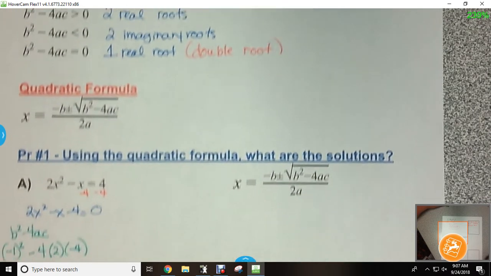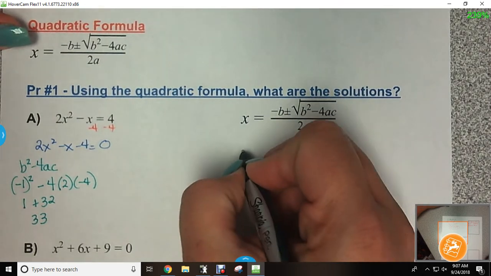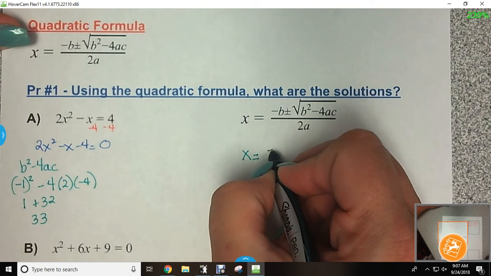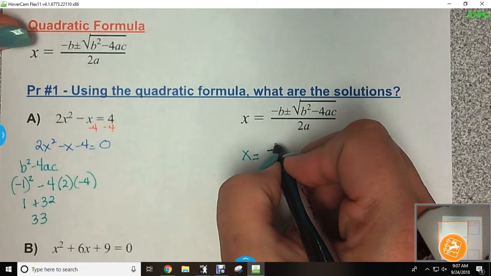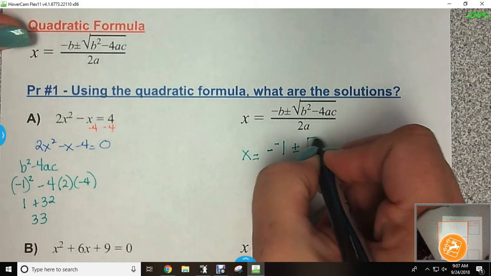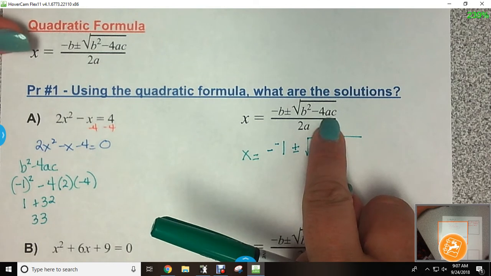Okay. So now look at your quadratic formula over here. When I start plugging things in there, I've got a negative b. Well, remember, b was -1, so I have a -1 plus or minus. Look what's under your radical, b squared minus 4ac. Well, guess what?